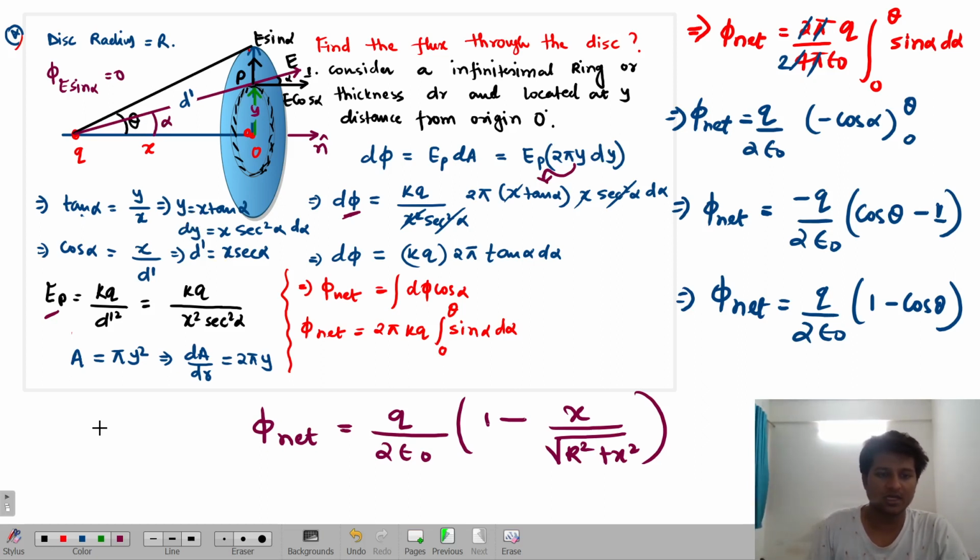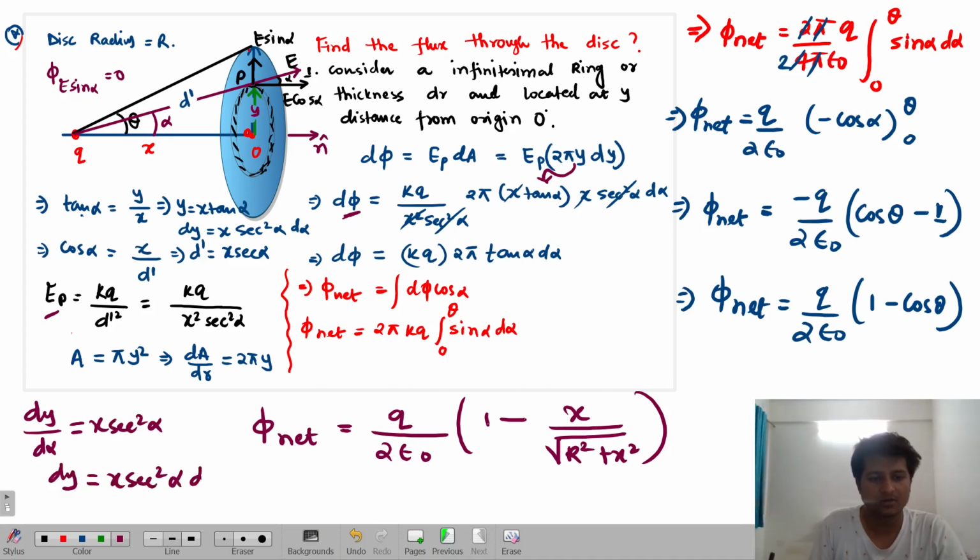So dy by d alpha will be what? x sec square alpha. So dy will be simply x sec square alpha into d alpha. Are you able to get me? Then I just put it over here, x will get cancelled, sec square gets cancelled, so it will become kq into 2 pi tan alpha d alpha. Is that clear?